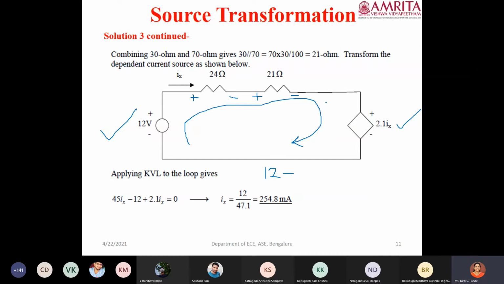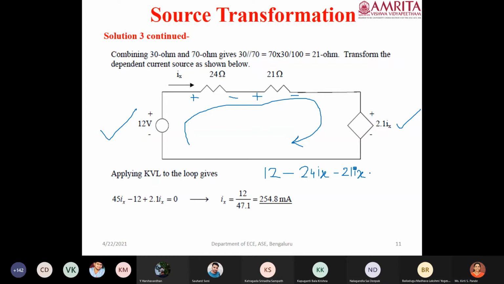So now I'm going in this direction, reaching the positive terminal of the 12. So 12 minus 24 Ix minus 21 Ix, because the same Ix current will flow through the 21 ohm resistor, correct? Plus 0.1.